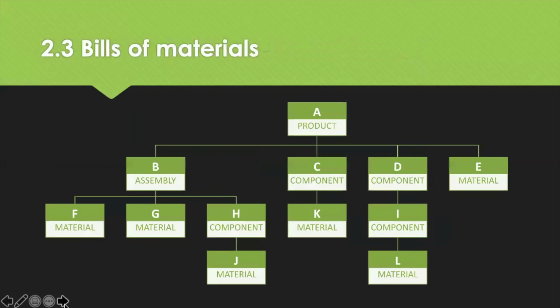But intrinsic in this is the bill of materials, or the BOM. When the master production schedule goes into the MRP system, it will actually explode something called a BOM, which is a bill of materials.